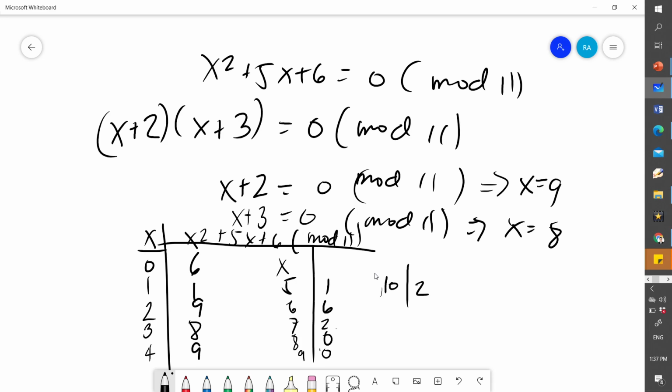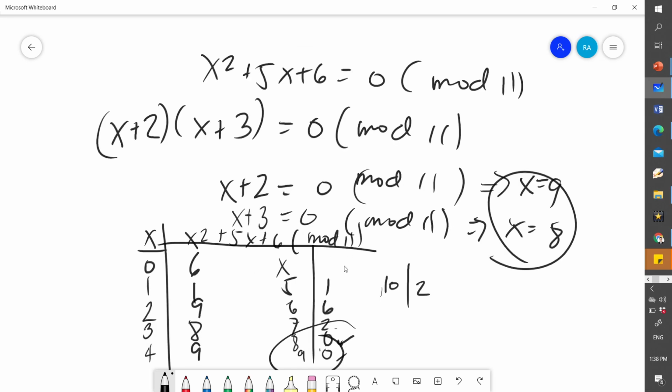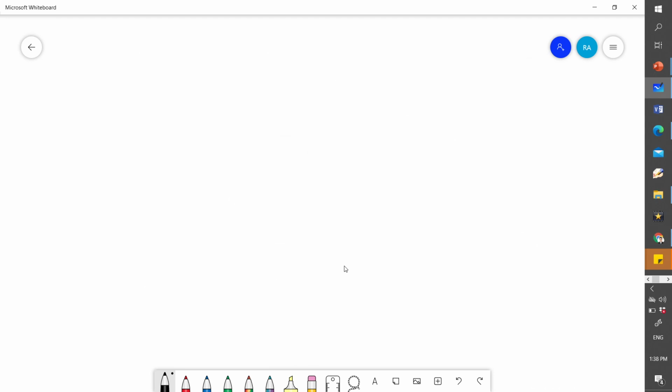So therefore we have here the solutions 8 and 9, like in the first example. So the prime number will satisfy this analysis.